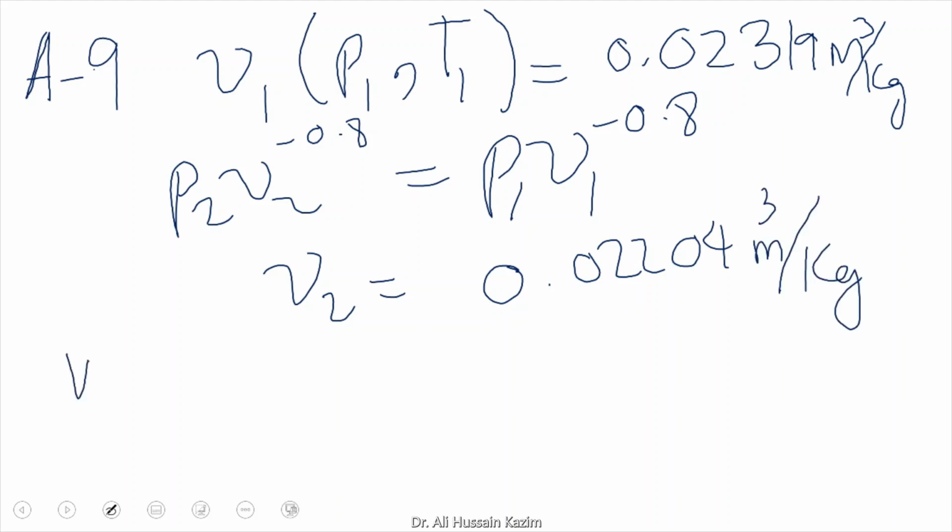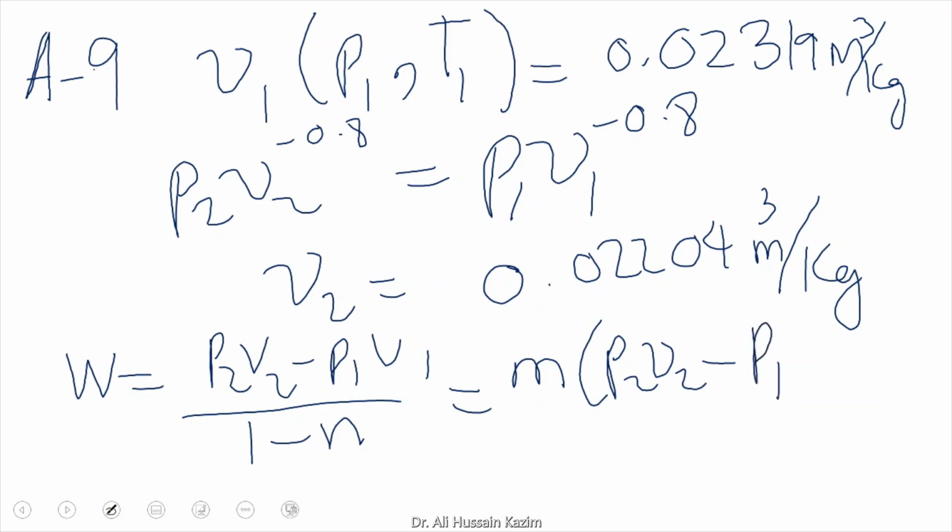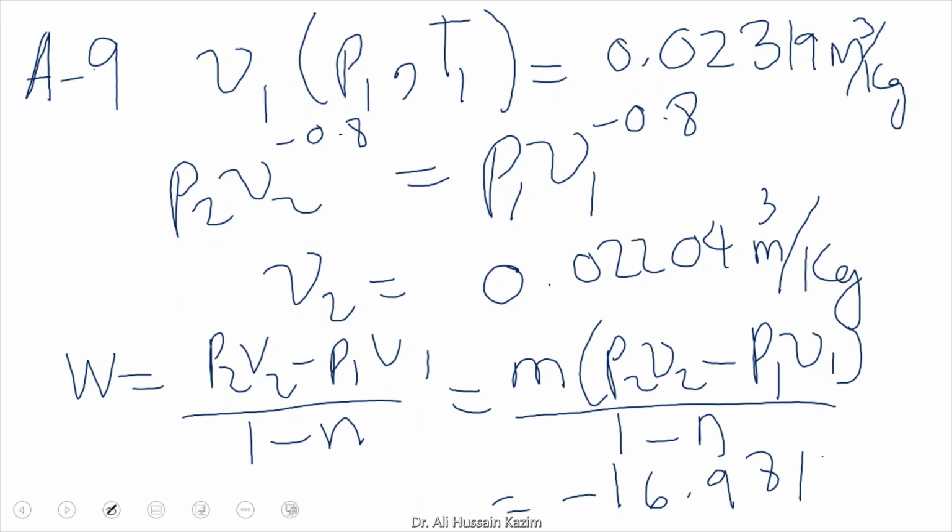And then we apply this to the work done equation of a polytropic process. So we have separated the volume into the specific volume and we get this work done.